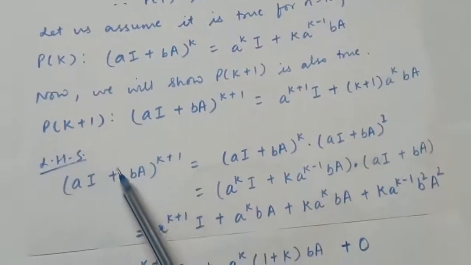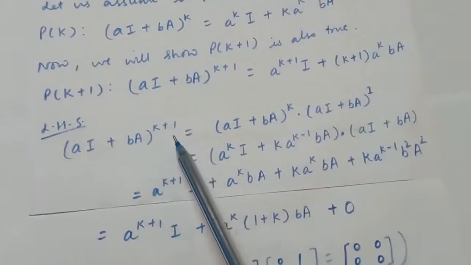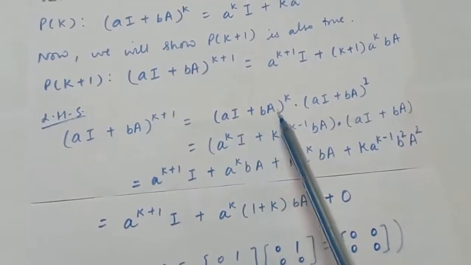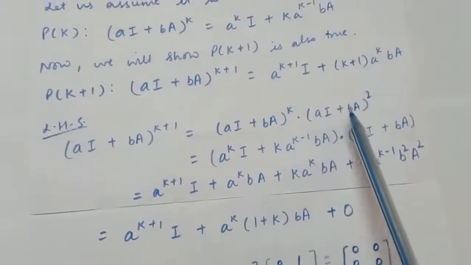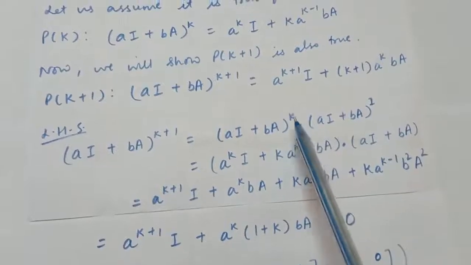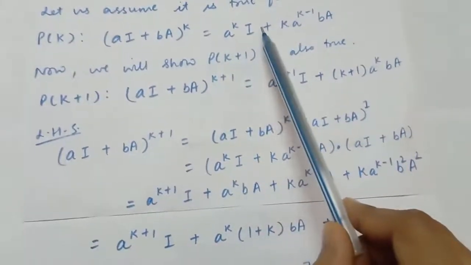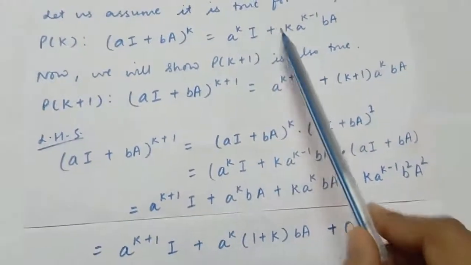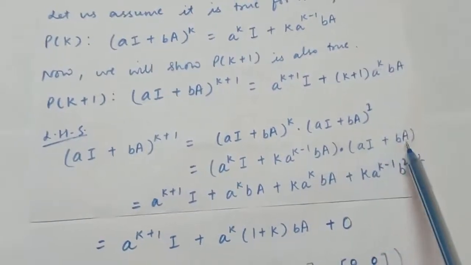So taking LHS, (aI + bA) whole raised to the power k plus 1, writing this as (aI + bA) raised to the power k into (aI + bA). Why are we doing this? Because we know the value of this. This is what we have assumed in Pk. Now in place of this, write down this value into (aI + bA).